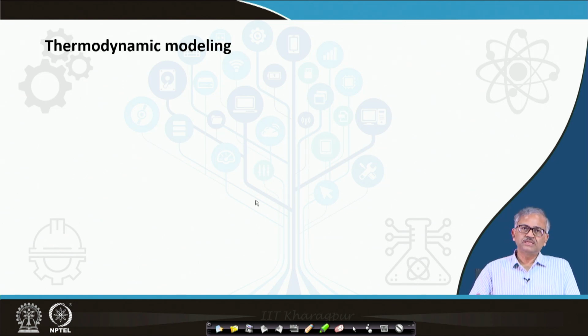Otherwise, as I said, a thermodynamic model doesn't capture transient phenomena. In the actual process, the phases may not attain thermal equilibrium. In many cases thermal equilibrium is not attained, but the model can calculate only the final composition if it attains equilibrium.